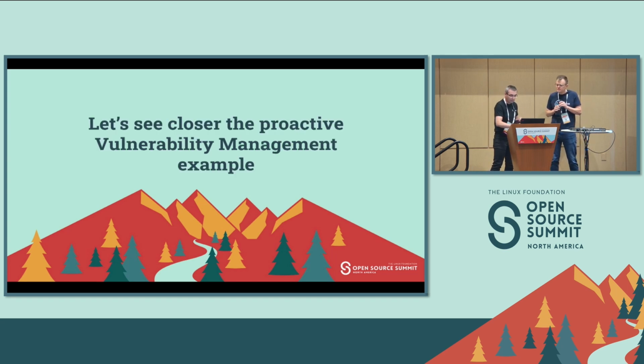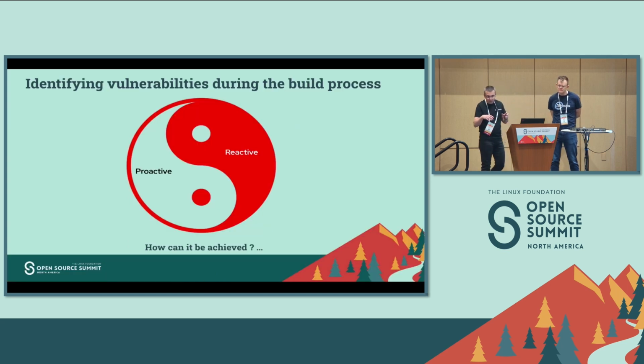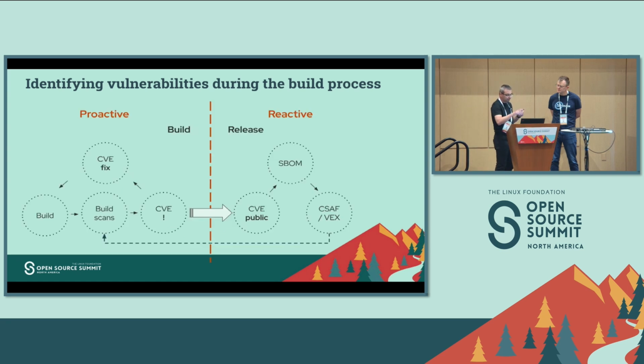So first, the CVE scan task and proactive vulnerability management. We believe that the reactive part that was done in the past and proactive work can work together and supplement each other. How can it be done? Here on this diagram, we have the left side, which is the build time. On the right side is what was already released, what was already recognized as vulnerable to some new reported vulnerabilities.